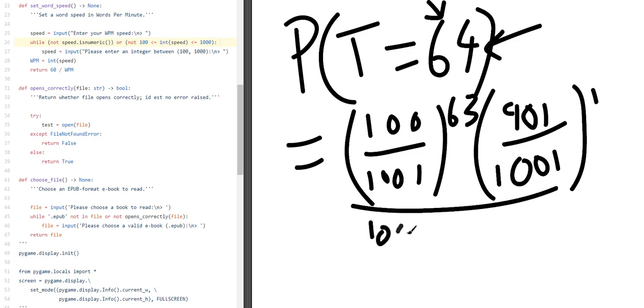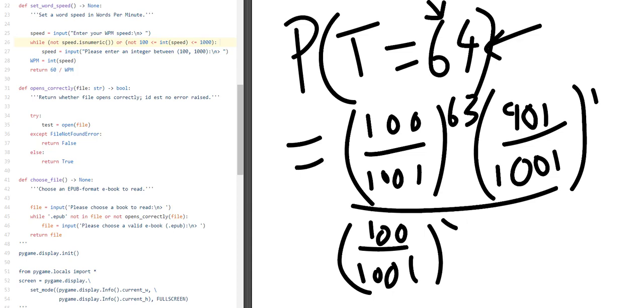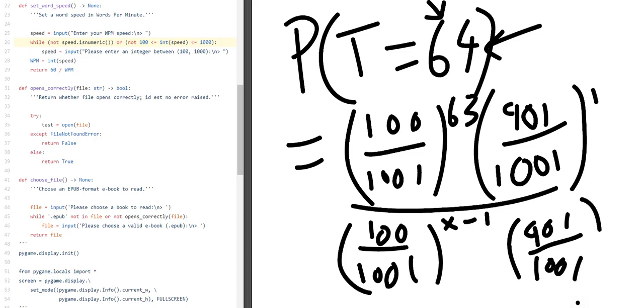We have 100 over 1001 to the power of, let's say, x minus 1, and multiply that by 901 over 1001, and x over here is the measurement on the runtime.